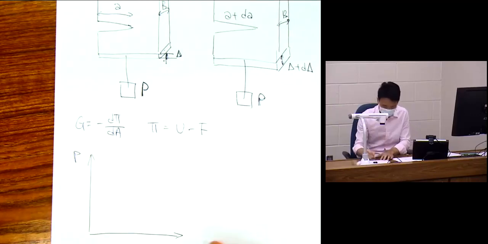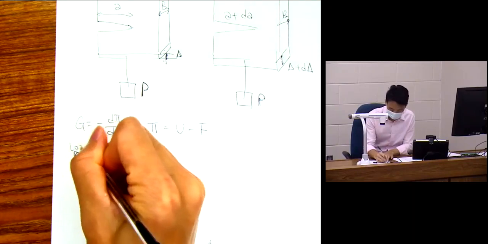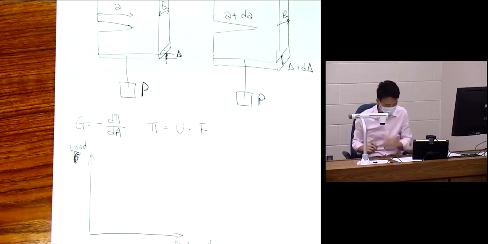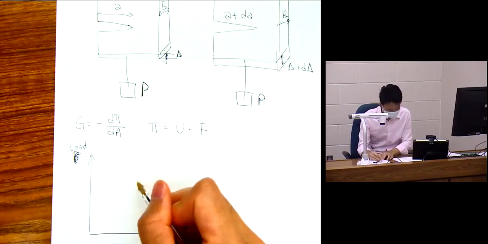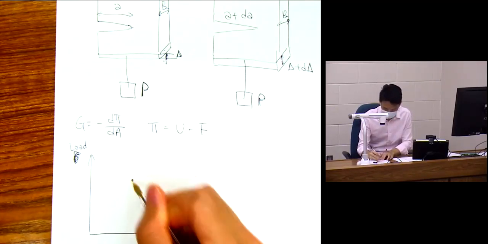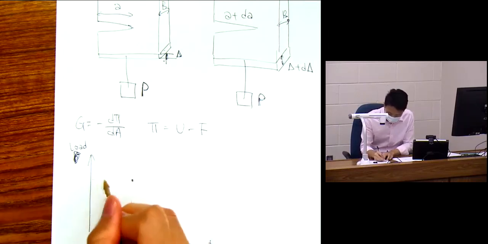We have P here. We have the delta, or displacement. Let's say displacement. Call this load. P refers to a different thing. At the equilibrium configuration, we got delta, and there's our P.